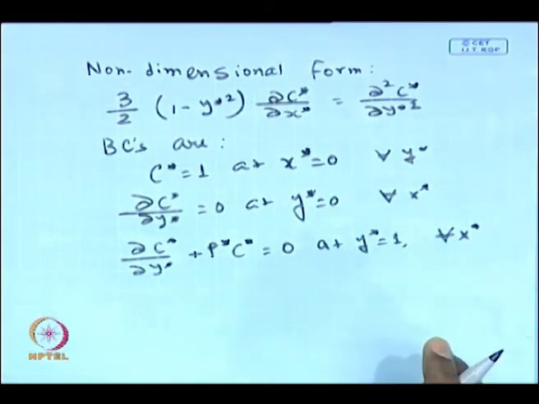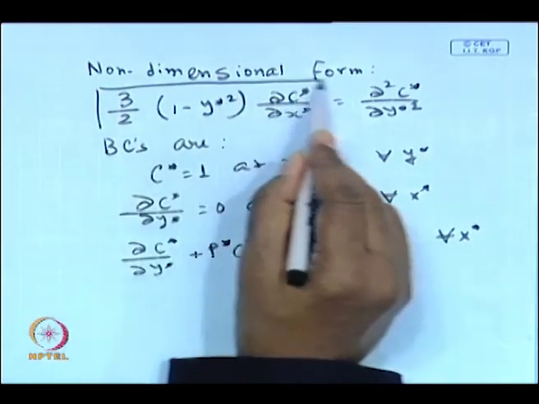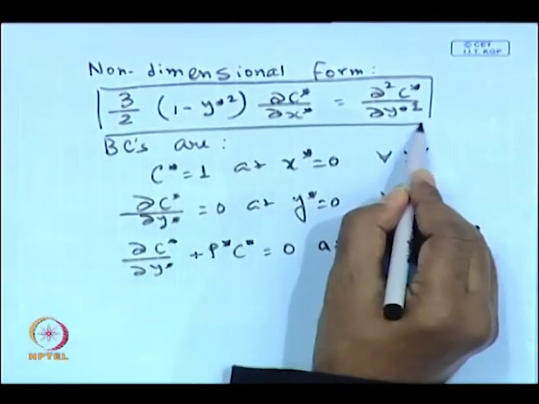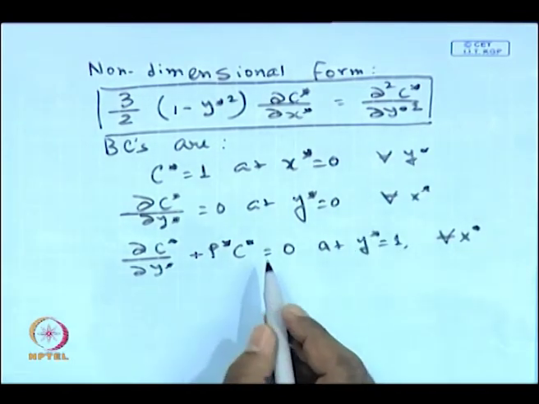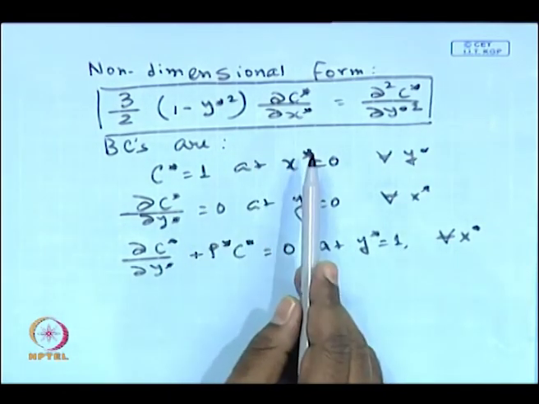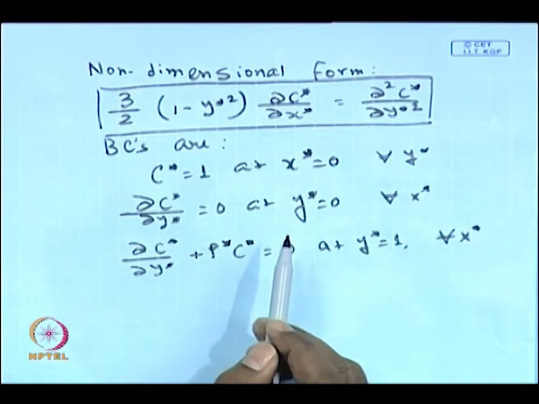Okay. Now, what is the form of this equation? Is it linear or nonlinear? This is a parabolic partial differential equation, and the equation is linear. Okay.